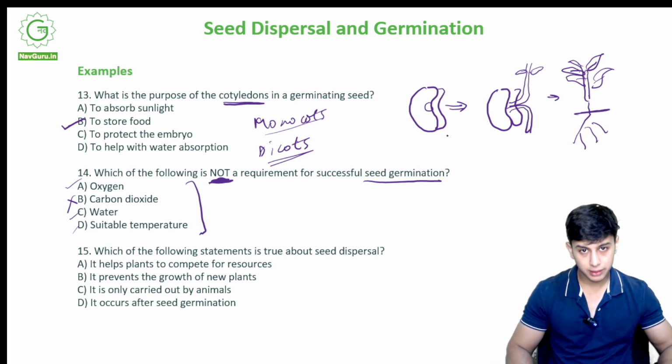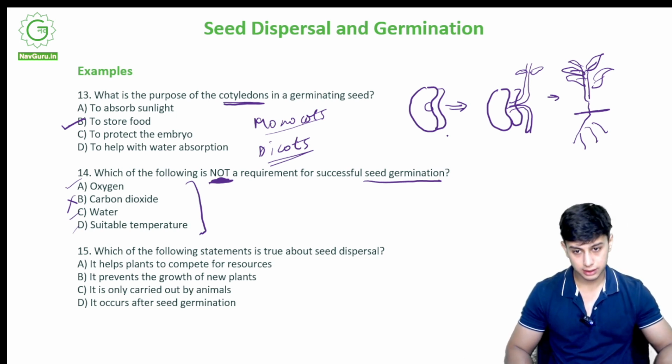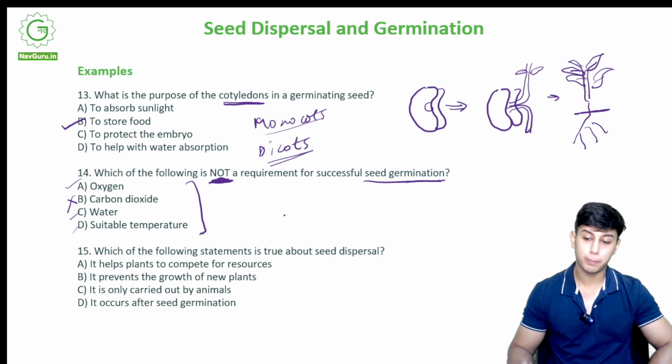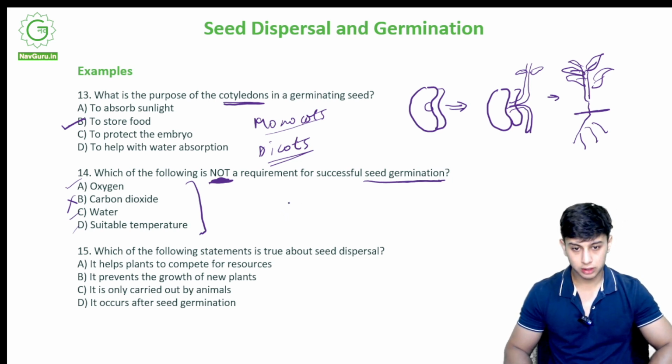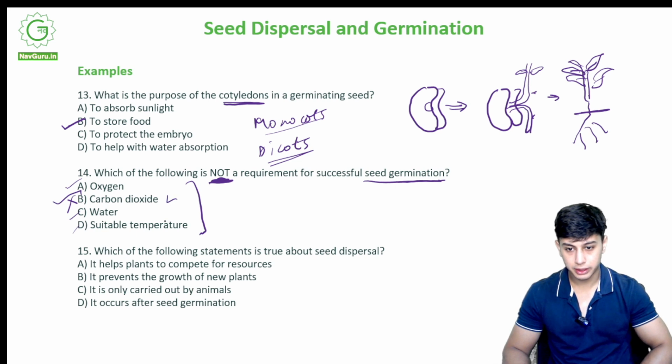After it has developed into a small plant, it needs carbon dioxide, sunlight, and water for photosynthesis. But for successful germination, which means the popping out of a shoot and a root, that does not require carbon dioxide. So the correct option is carbon dioxide.